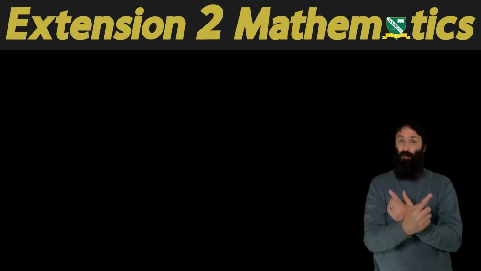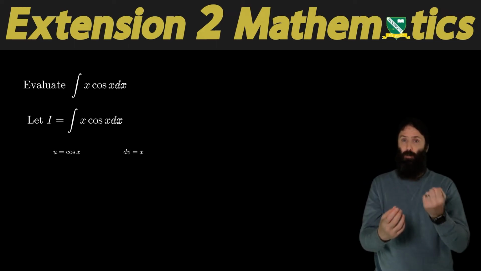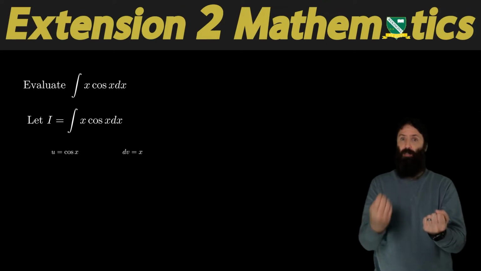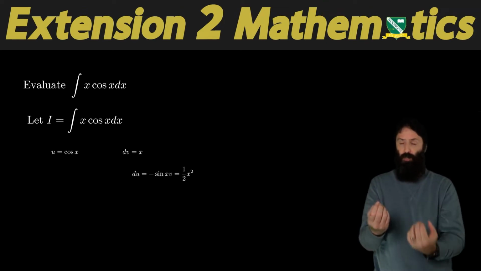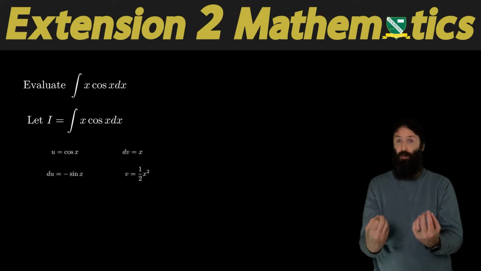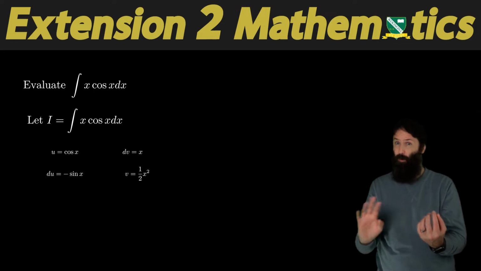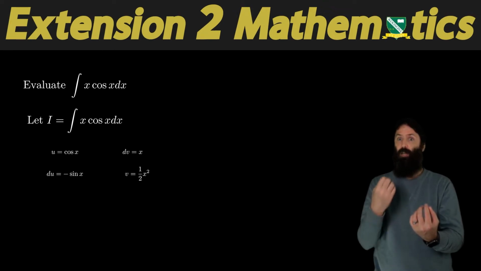Let's switch them around on this simple example and let's see what happens. This time let's let u equal cos x and dv/dx equal x. So if u is cos x, then the derivative of u is negative sin x, and the integral of x is a half x squared. For that second integral, we won't worry about the rest of it, but it's going to become the integral of a half x squared sin x dx.